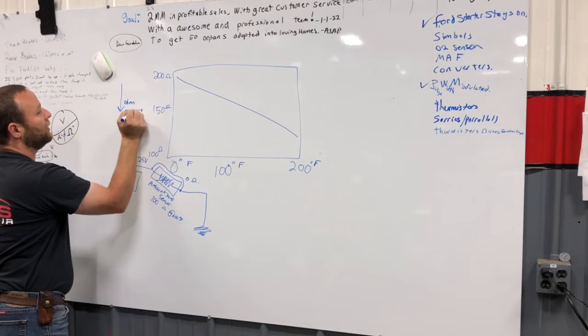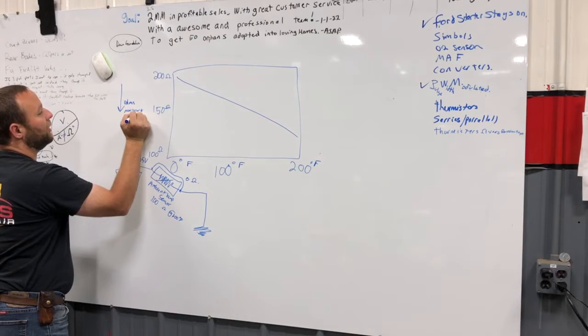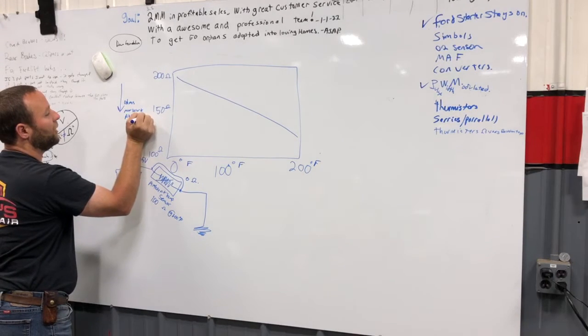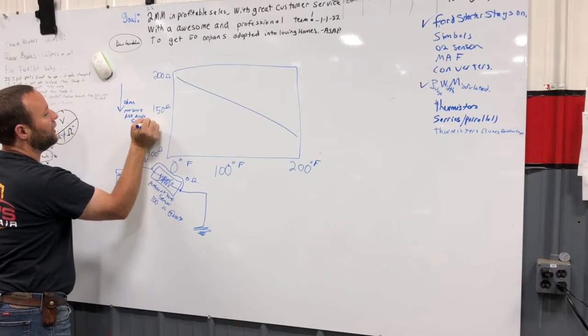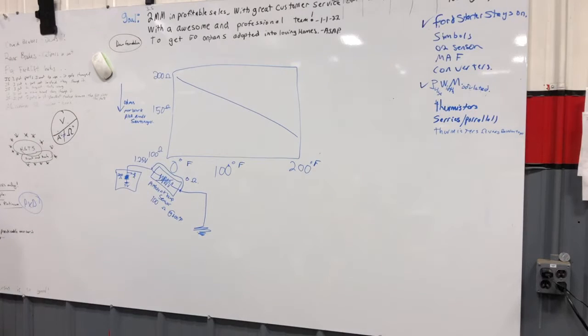Well, it's still got some resistance. That makes sense, because the ambient temp sensor is limiting how much it's pulling. It pulls this 2.5 volts down. So, all 5 volts. Does that make sense, guys? Yep.